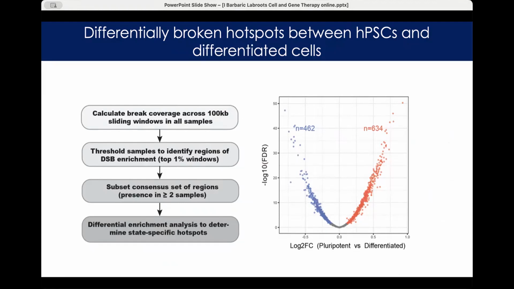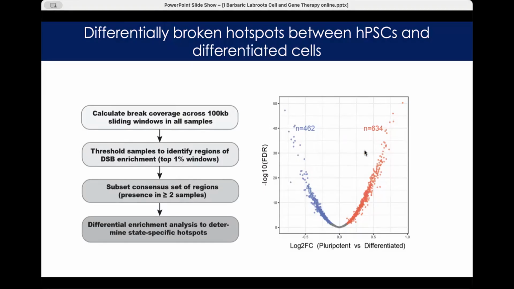And for this, we first of all calculated the break coverage in all of our samples, then thresholded them to identify regions that are particularly enriched for double-strand breaks, subsetted them such that we find those double-strand breaks that occur in at least 2 or more samples, and from that determined that we have about 634 breaks or hotspots that are preferentially enriched in the pluripotent versus differentiated state.